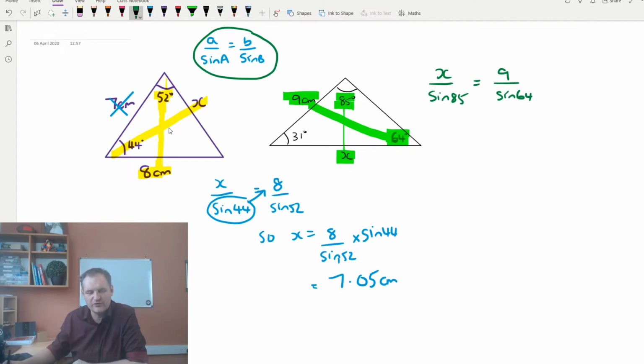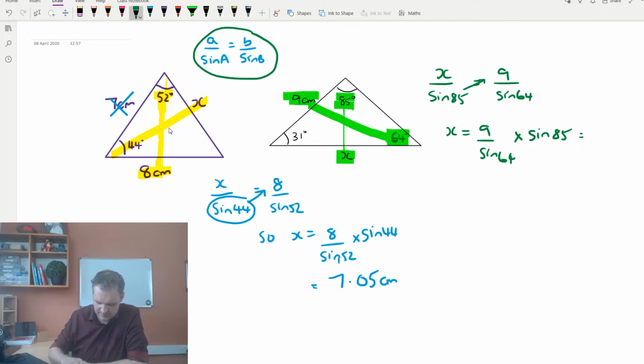Notice how I didn't know it, so I had to use angles in a triangle to get a pair. If I want x, I'm going to do 9 over sine 64 times sine 85, because I want to get that up onto that side, and that is 9 over sine 64 times sine 85.